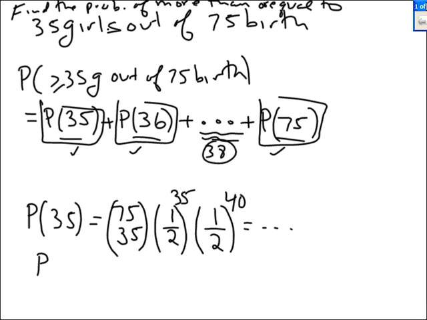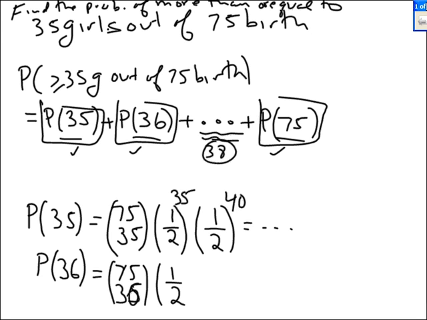And then you would have to do the probability of getting 36 girls. So from 75, you want to pick 36. A lot of ways of doing that.